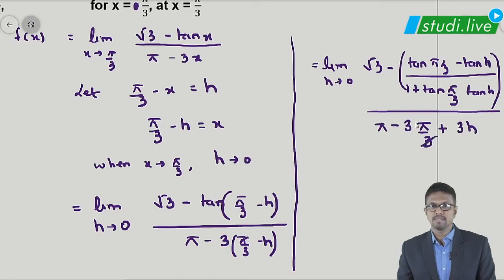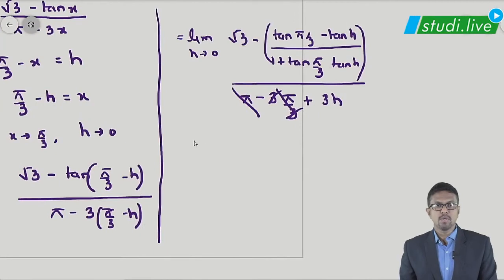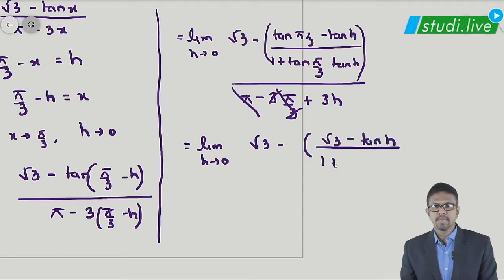So of course 3 and 3 cancel. What is left is pi minus pi, of course that can also be cancelled. What is left is just 3h at the denominator now. So this is equal to limit h tends to 0, root 3 minus, let us apply the value, tan pi by 3 is root 3, minus, of course tan h, upon 1 plus root 3 into tan h, upon 3h. Let us cross multiply.